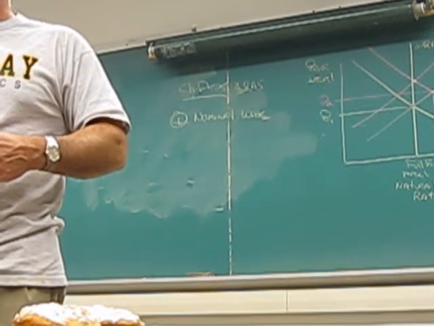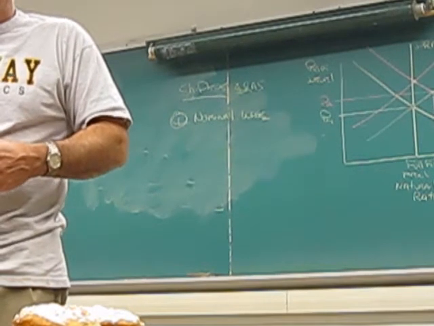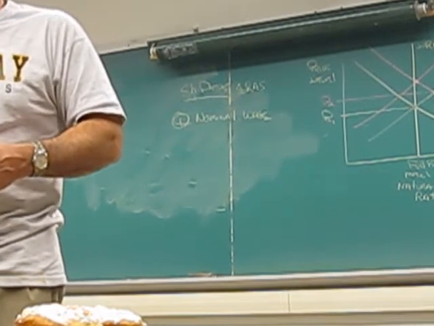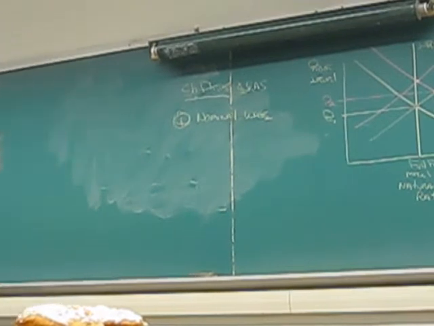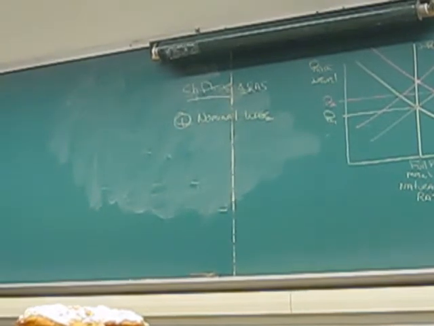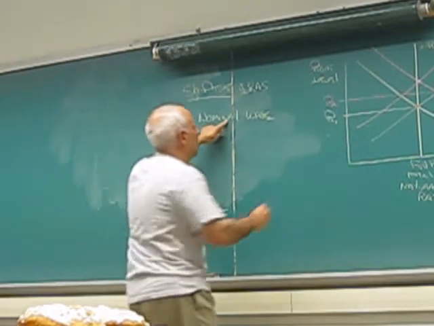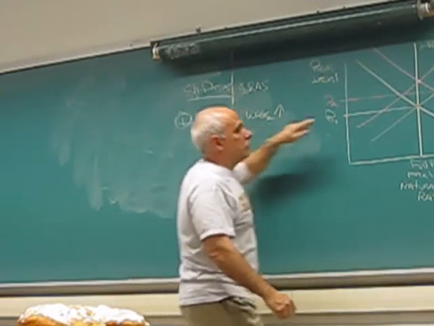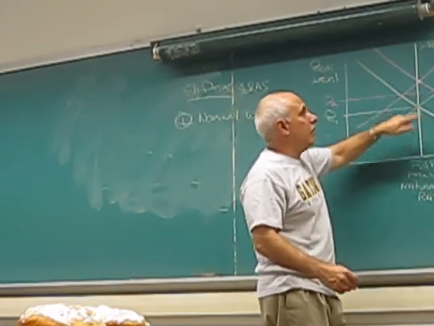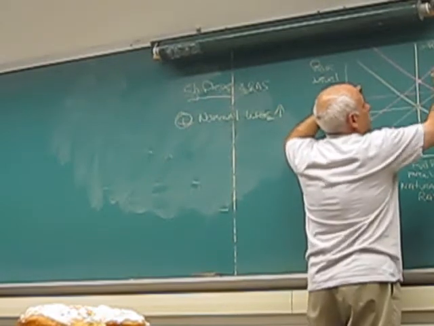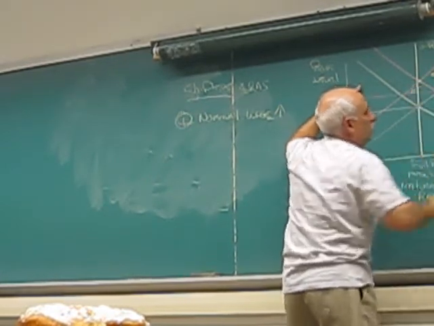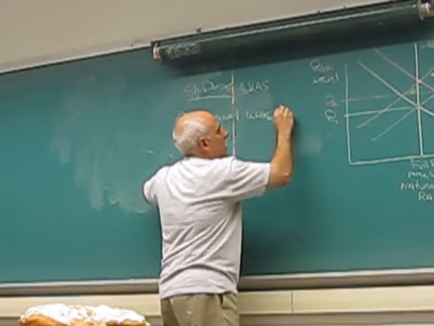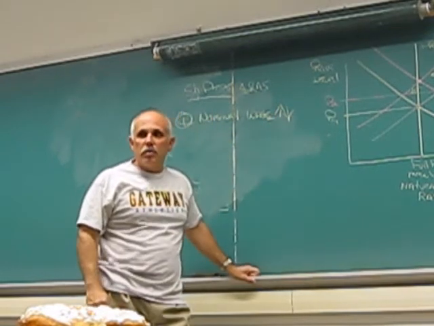So if nominal wages go up, the average total cost for all the firms may potentially change. Nominal wages are a big shifter. When nominal wages go up, short-run aggregate supply goes down, right? If nominal wages go down, the opposite is true.